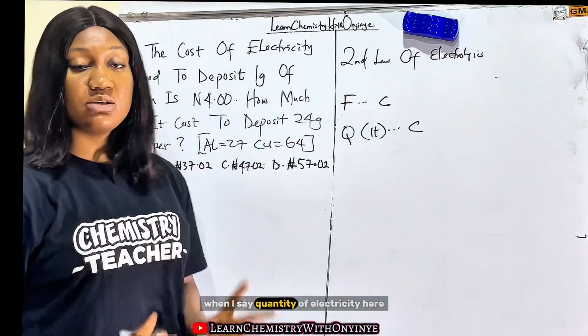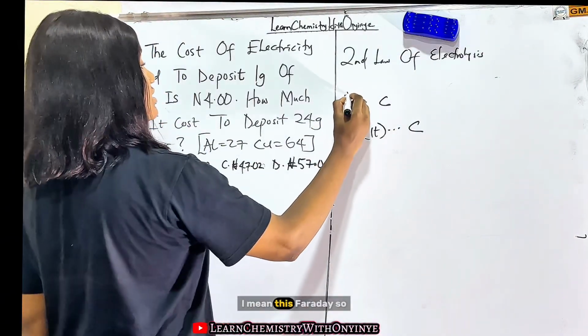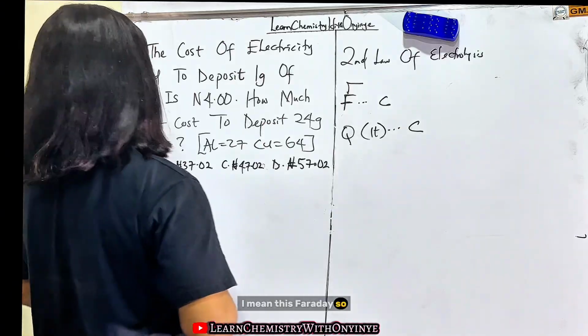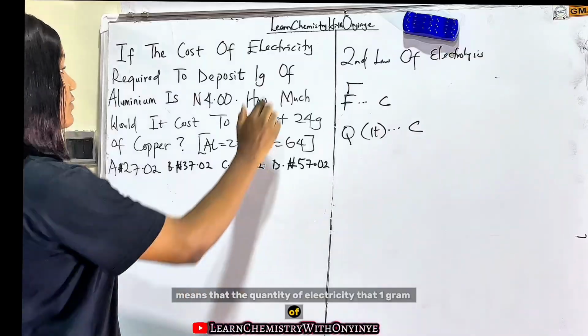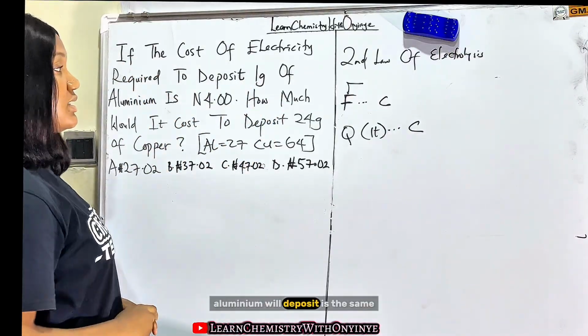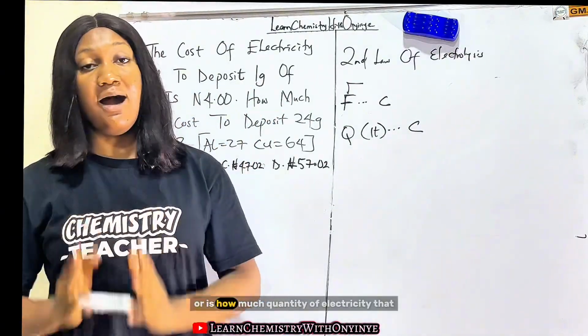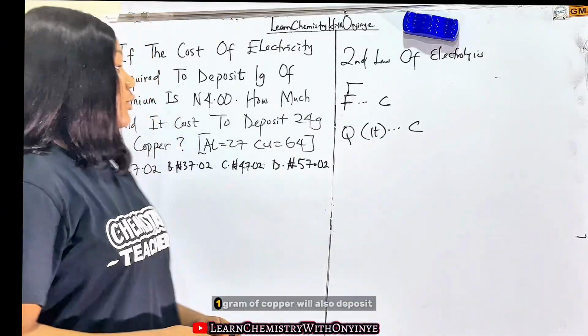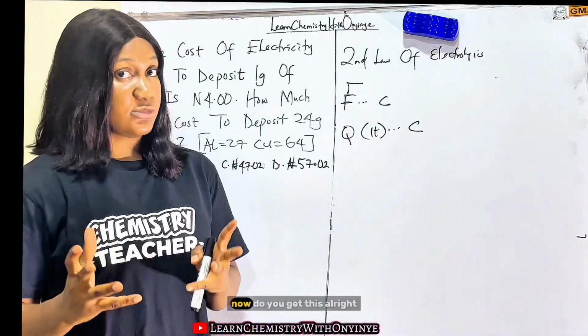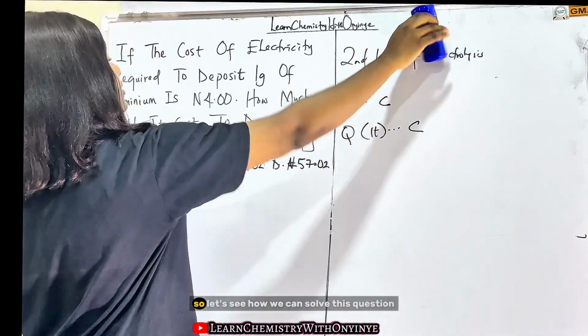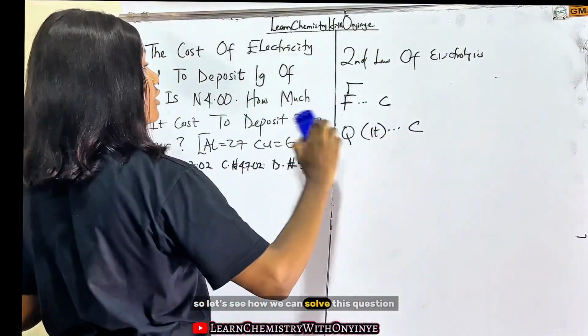However, when I say quantity of electricity here, I mean this, Faraday. So, it means that the quantity of electricity that 1 gram of aluminium will deposit is the same as how much quantity of electricity that 1 gram of copper will also deposit. Now, do you get this? All right, so let's see how we can solve this question.